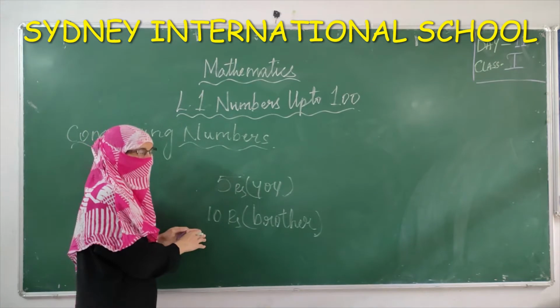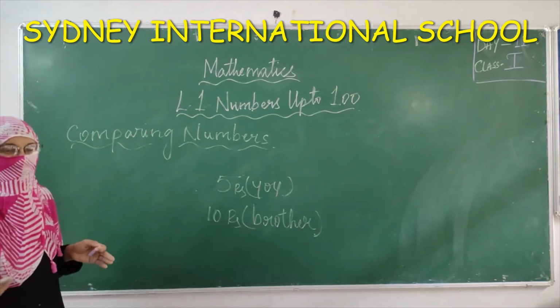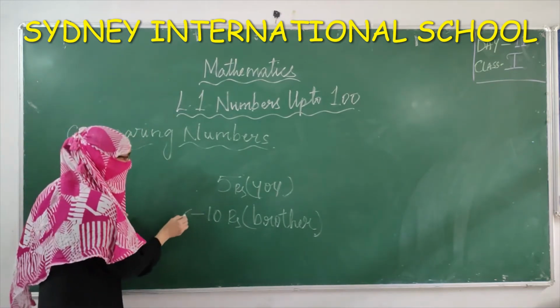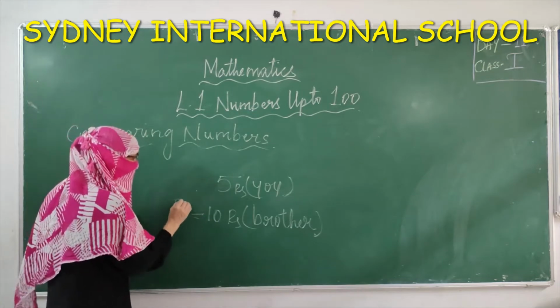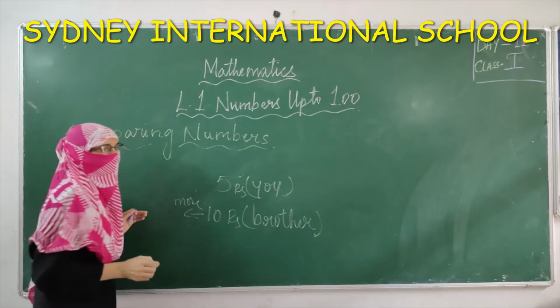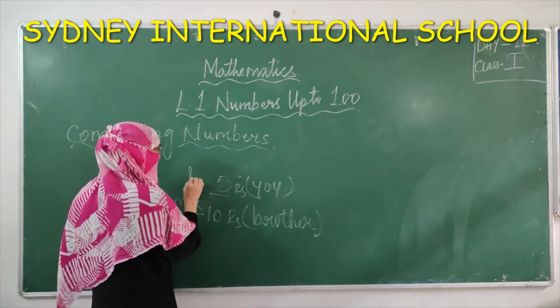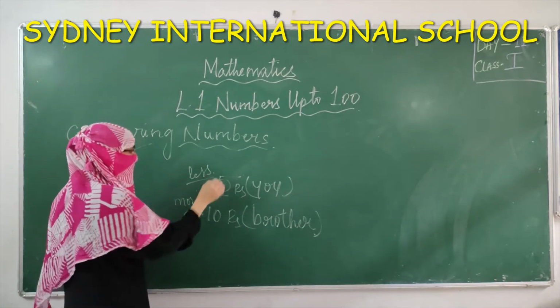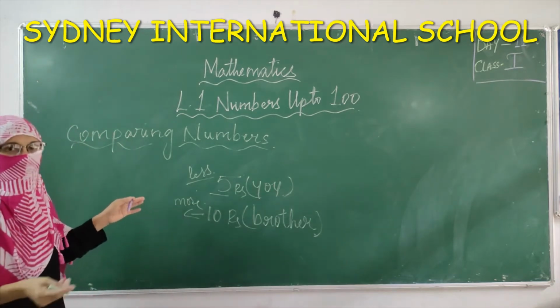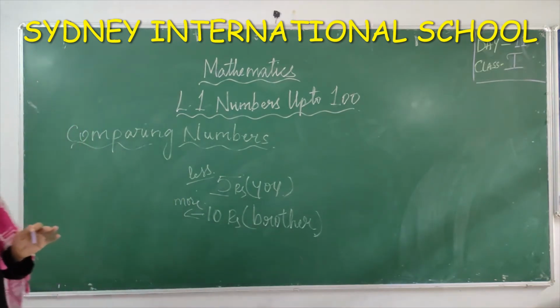Who is having more amount, more money? Obviously you will say that your brother is having more. And who is having less money? You. You are having only 5 rupees, lesser than your brother. So that is comparing the things.